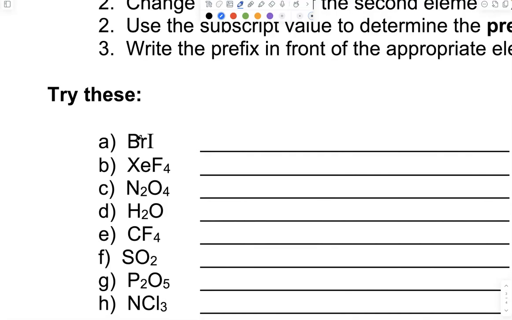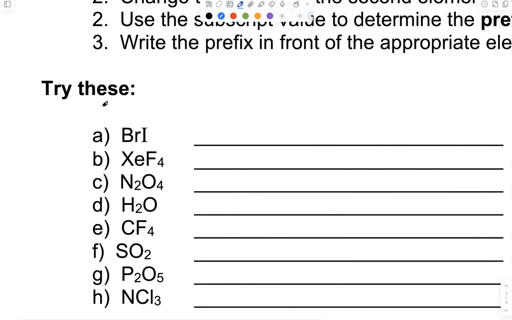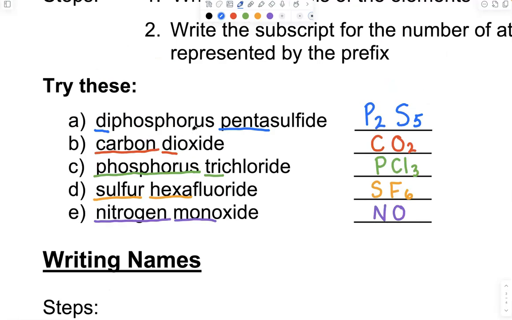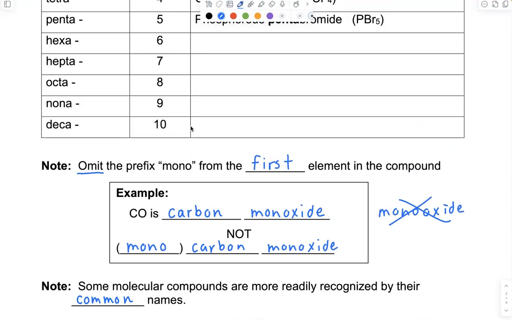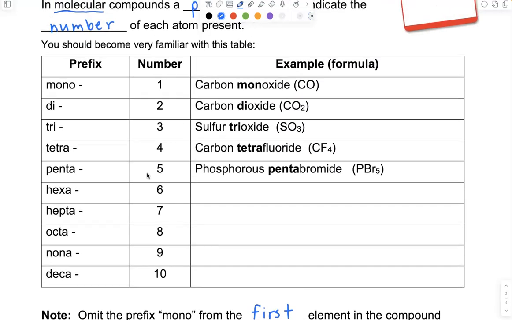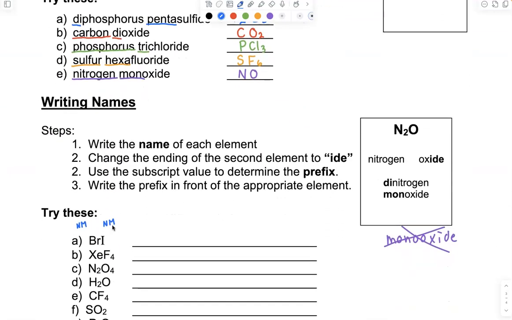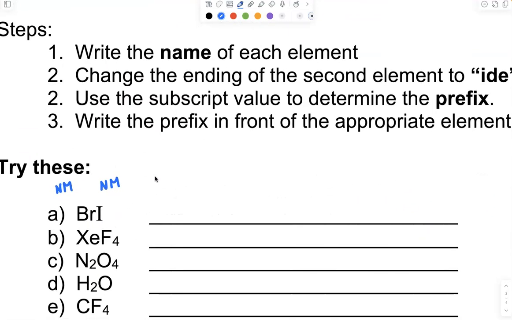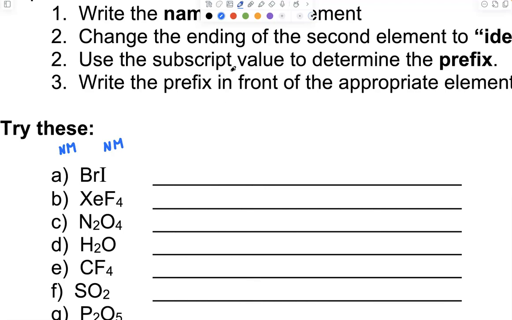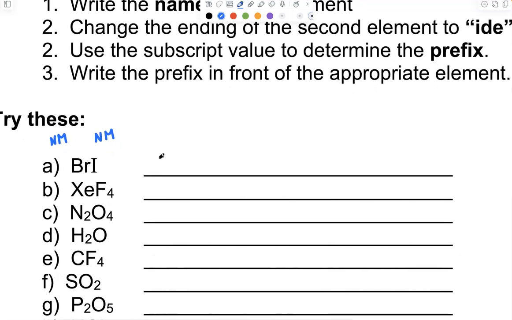Okay, so we got bromine and iodine. Okay, you got a nonmetal and a nonmetal. When you see that, that's where you think back all the way to this chart here of all these prefixes. So now we know it's going to be molecular, and we're going to be using those prefixes. Okay, so if we have bromine, there's only one of them.